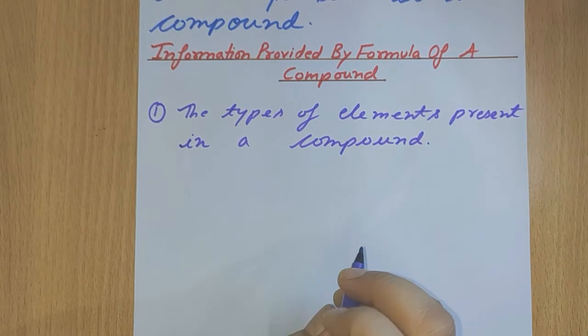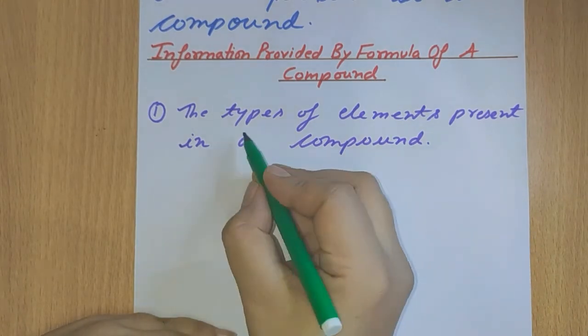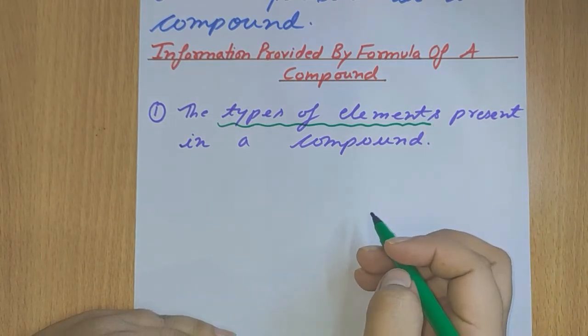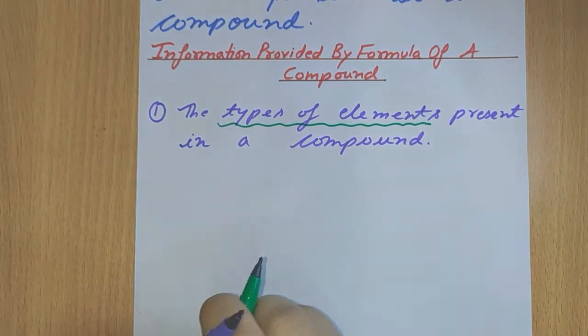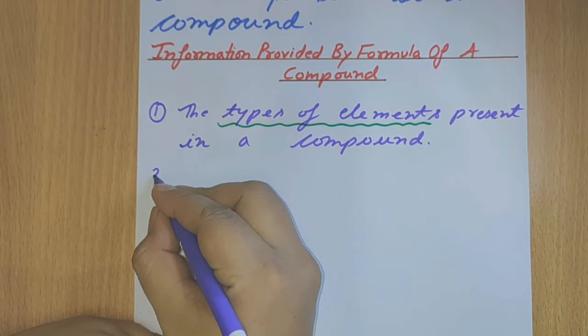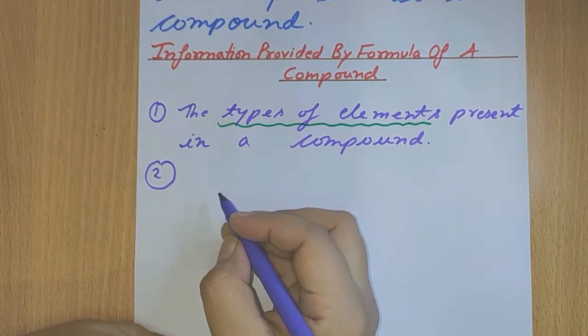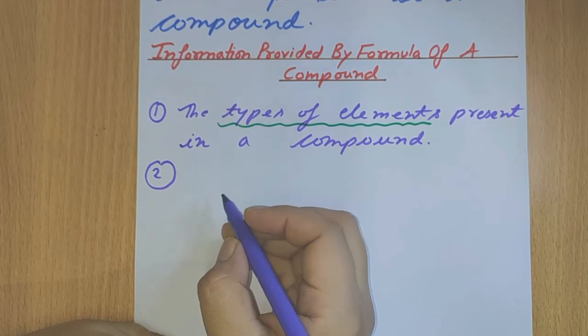So first information is that it states the types of elements which are present in a compound. And second information is it states the number of elements present in a compound.